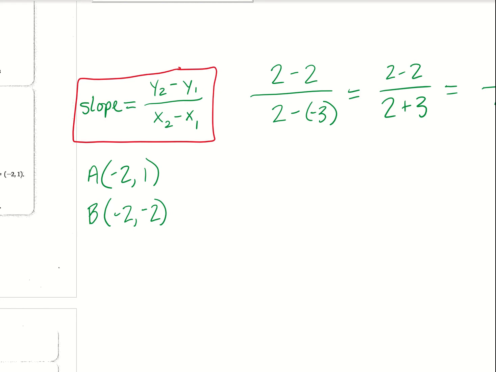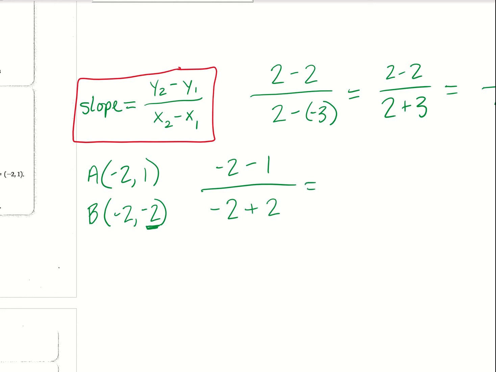This time I'm going to use B for sure as my y2. So we're going to have -2, and then minus y1, which would be 1 from the A, over x2, which is -2 from the B, and then minus x1, which is minus -2 from A, or plus 2.